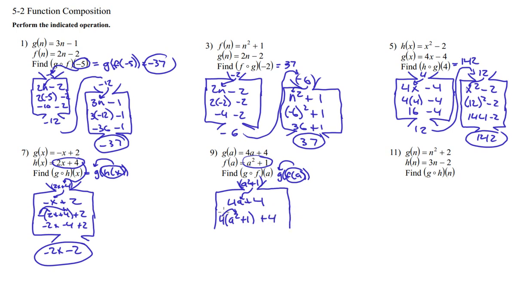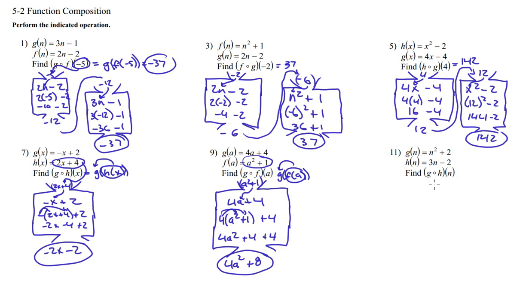Distribute this 4 to both of those, and we get 4a squared plus 4 plus 4. So now we're ready to simplify that, and that is going to be 4a squared, and positive 4 and positive 4 is plus 8. Okay, that's what g of f of a is.